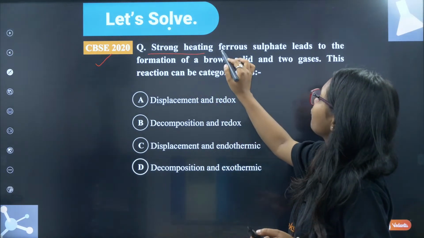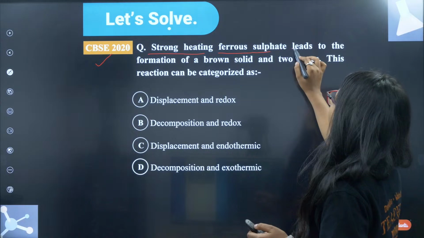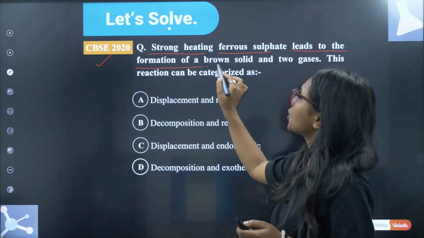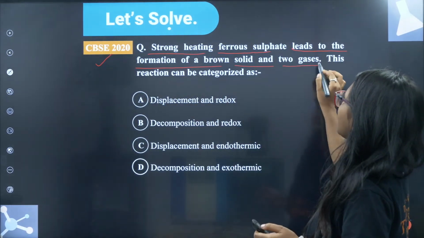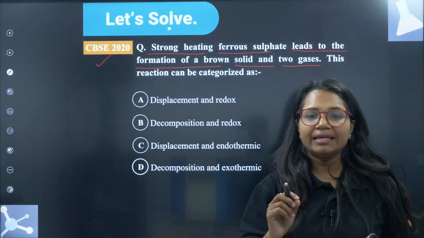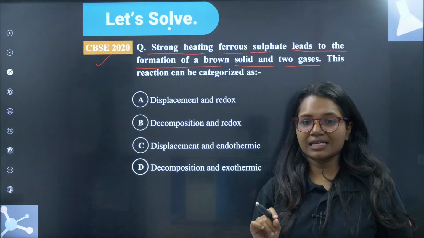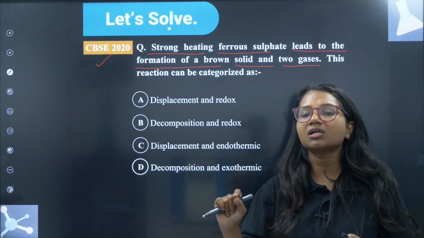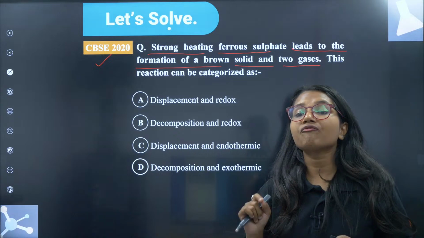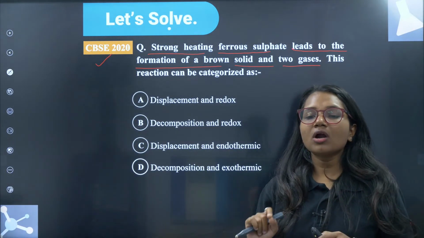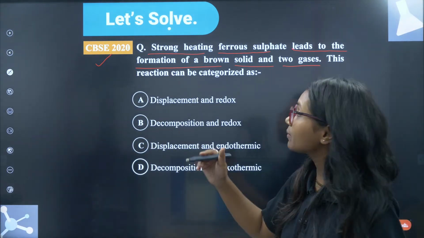Strong heating of ferrous sulfate leads to the formation of a brown solid and two gases. Strong heating of ferrous sulfate. What is the formula for ferrous sulfate? Can you guys tell me in the chat box? I want the formula of ferrous sulfate in the chat box.